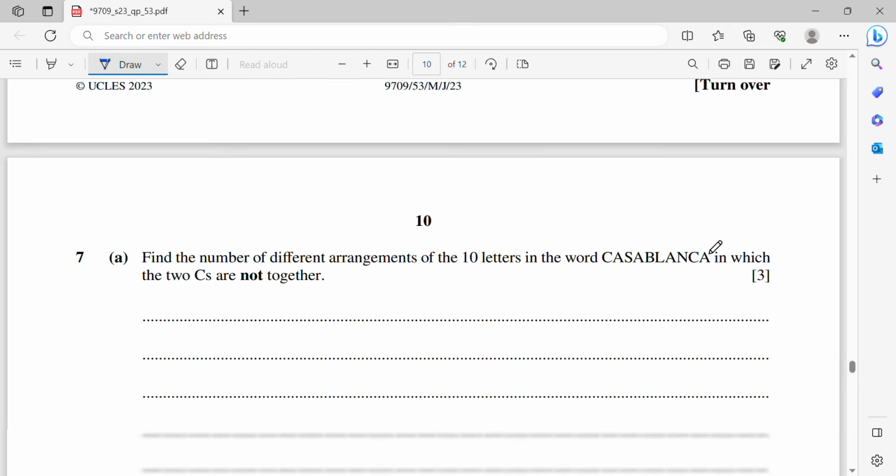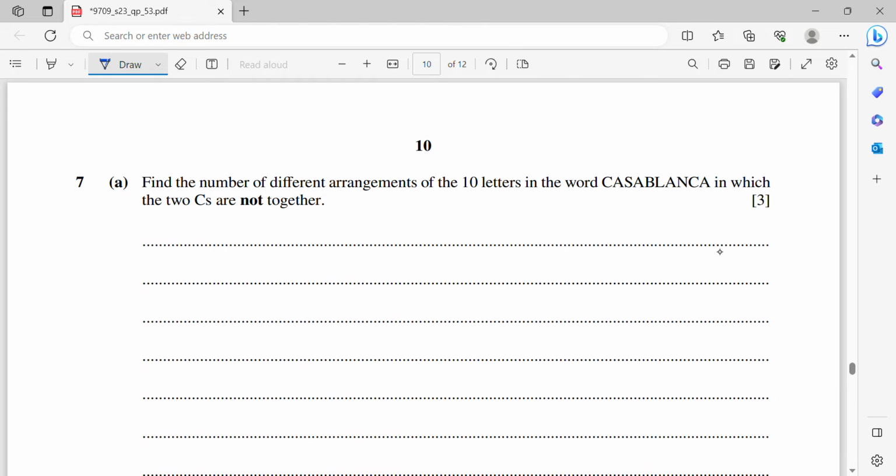Okay. So now question 7. Find the number of different arrangements of the 10 letters in the word Casablanca in which the two C's are not together. So from this word, there are some repeating letters. There are 10 letters.